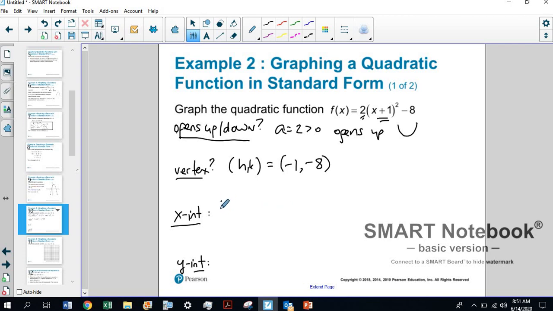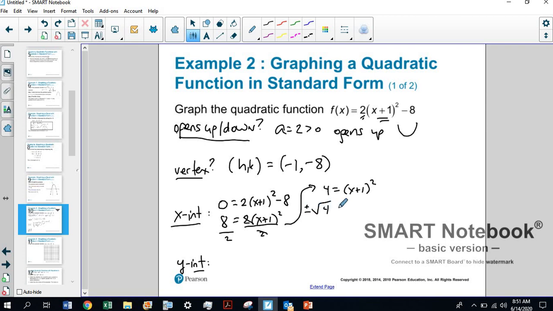X-intercepts, set this equal to 0. 0 equals 2 times (X plus 1) all squared minus 8. We're going to add 8 to both sides, and then divide both sides by 2. Those divide away and leave a 1, and so then we end up with 4 equals (X plus 1) all squared. Take the square root of both sides, make sure you do plus or minus.